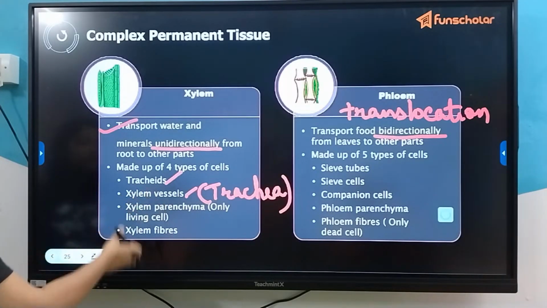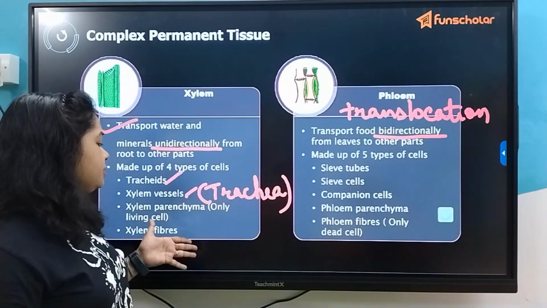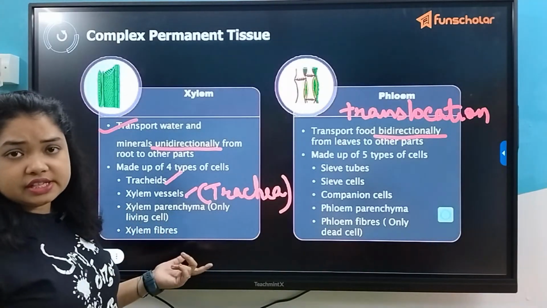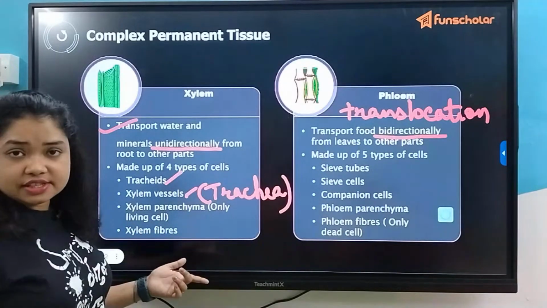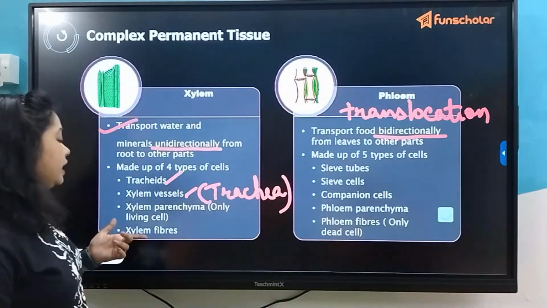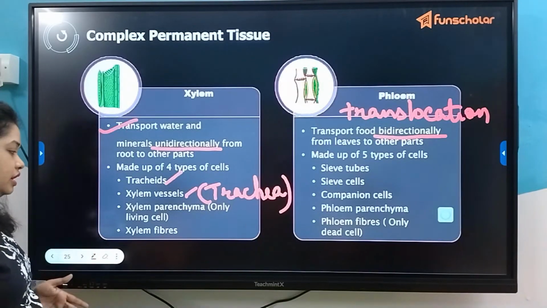And then there is xylem parenchyma, which is present in order to store food and also to distribute the food materials laterally, that means sidewise. So they store the excess food and also they help to distribute the water and the minerals laterally.